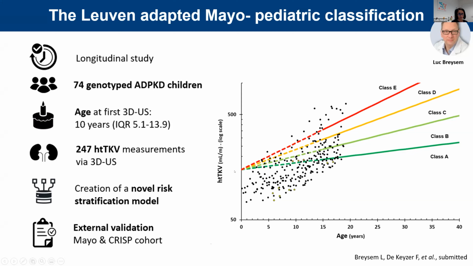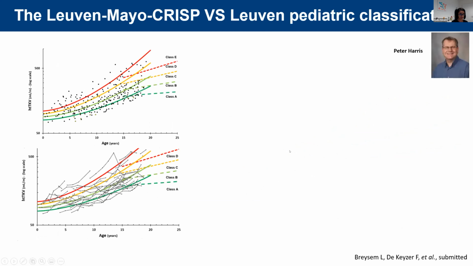We thought that maybe it is not adequate, as children are not born with the same kidney volume; they are percentiles, and we expect that the normal TKV of a child is less than 150 milliliters.